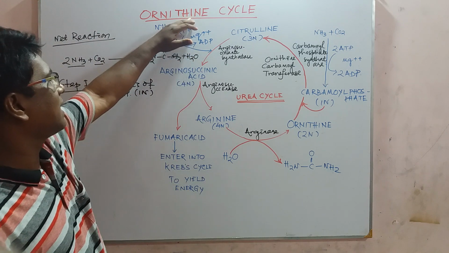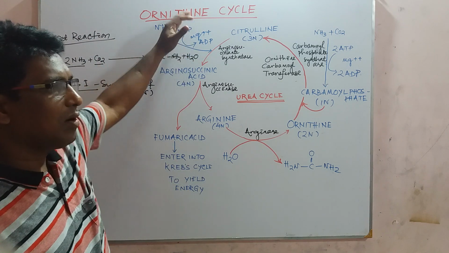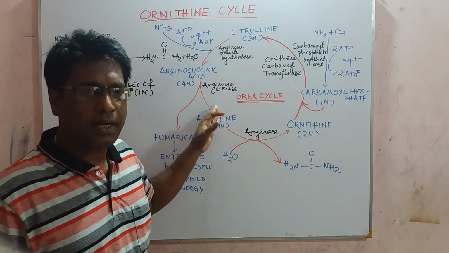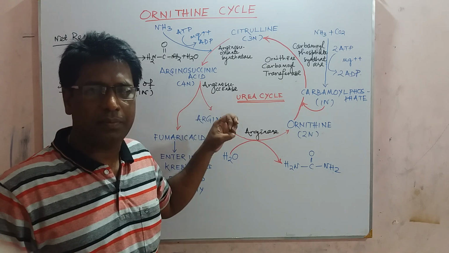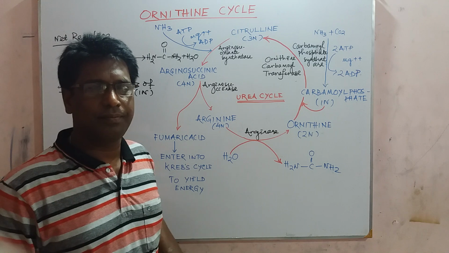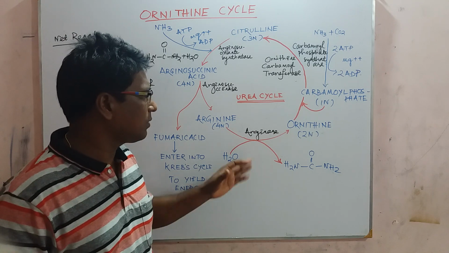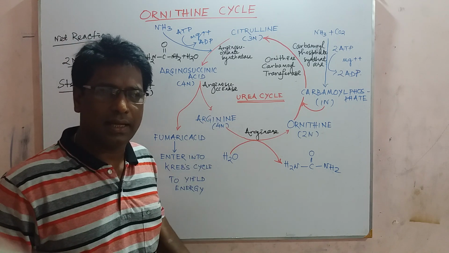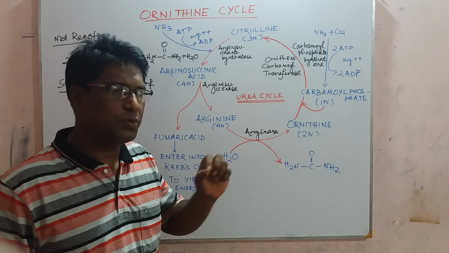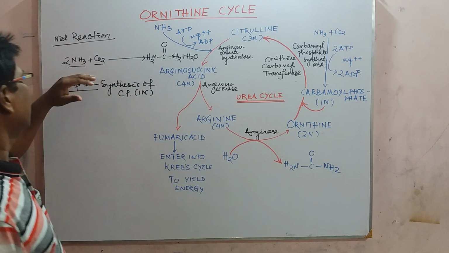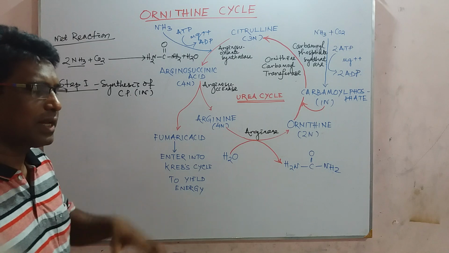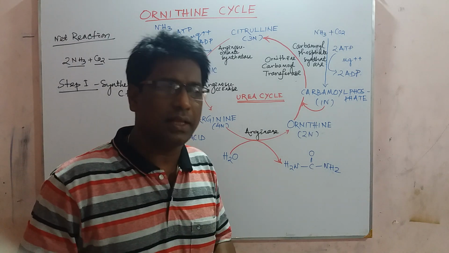This ornithine cycle is completed in 5 different steps. Before going through the details of the ornithine cycle, first the overall reaction and the raw materials required to complete this process.